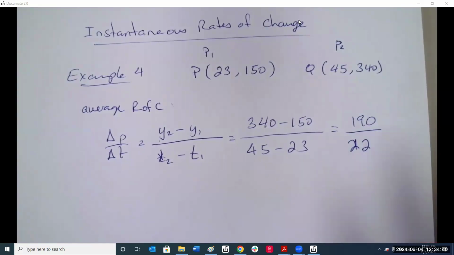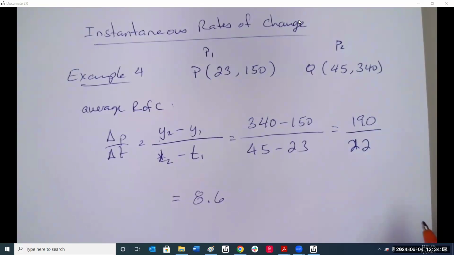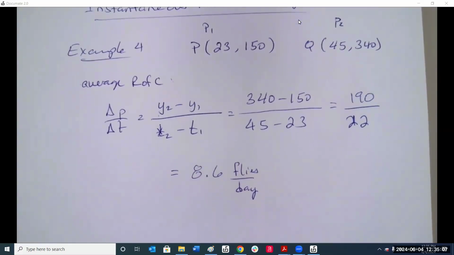And what's that going to be in decimals? In this case, these are the number of flies over 50 days, so that's 8.6 flies per day. That's the average rate of change of flies, since it's increasing.